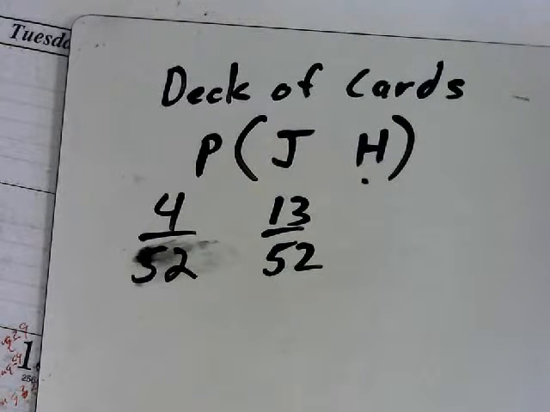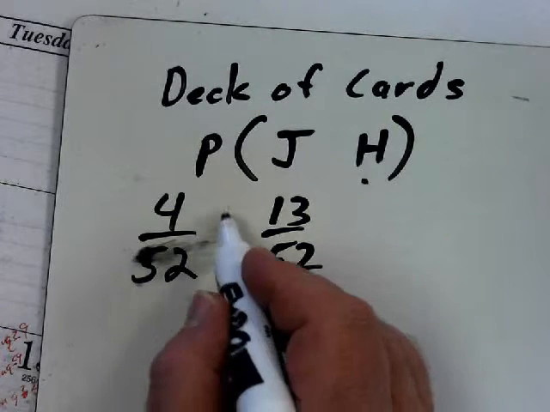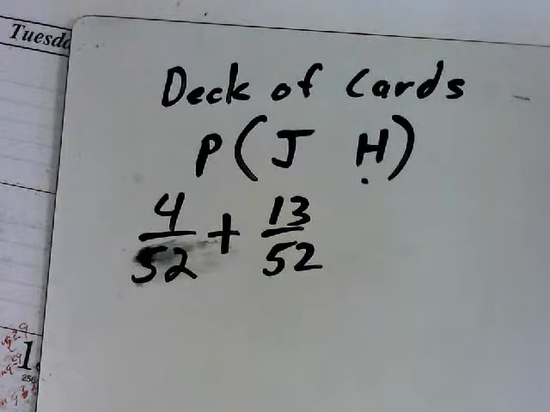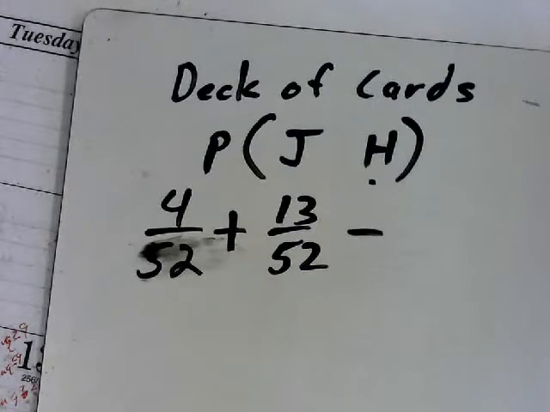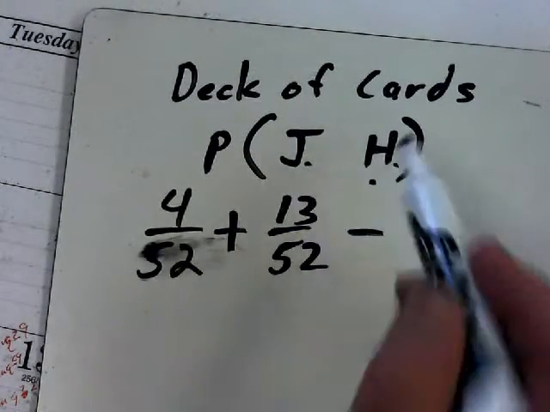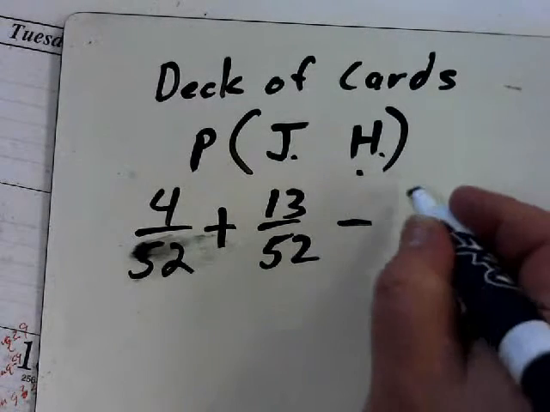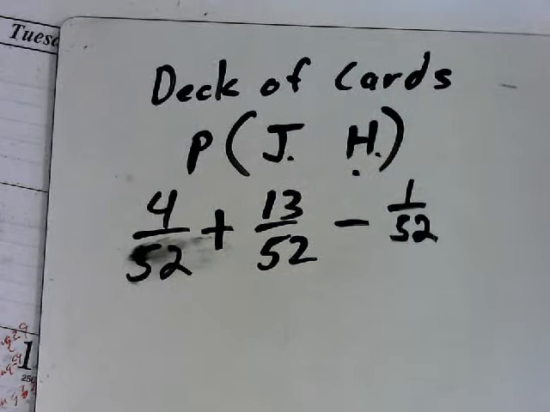Correct? Now, since these are probabilities, I need to add them together, right? But I need to subtract from that the probability of there being a jack that's a heart. 1 out of 52, isn't it?